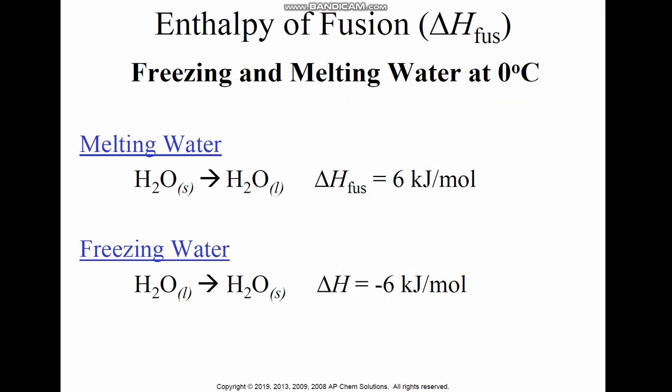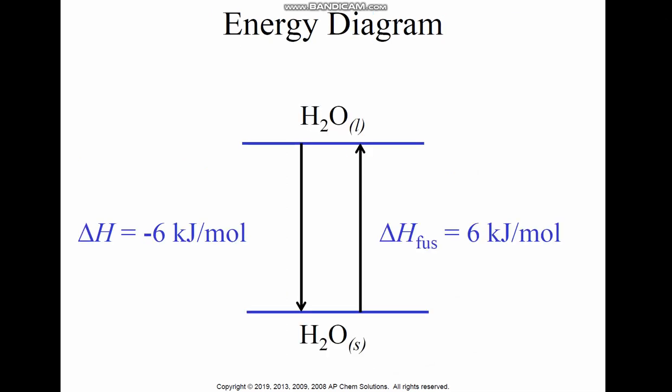So for the endothermic and exothermic processes of the same substance, the actual quantity is going to be the same. It's just that the sign is going to change because in one, heat's going in and in the other, heat is going out. This is a pictorial way to represent that. So you see that in the heat of fusion, heat is going in, and in the heat of vaporization, heat is going out.